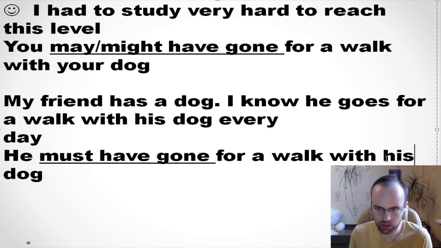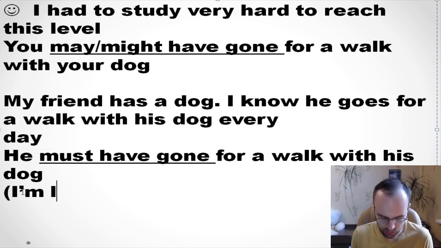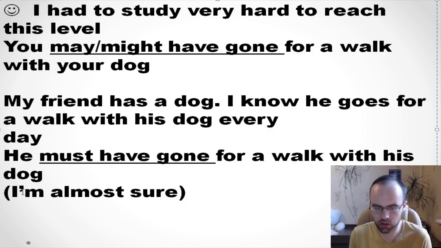It means I'm almost sure he must have gone for a walk with his dog. So it's another meaning. It doesn't matter he, she, it. We use have after modal verbs.